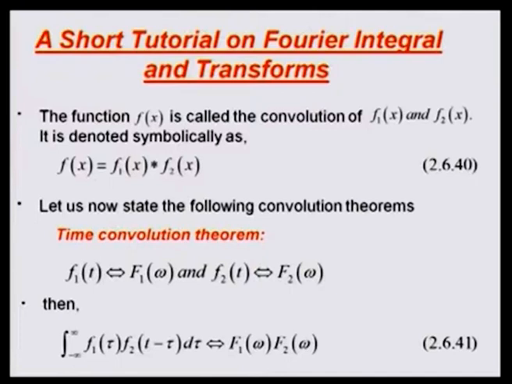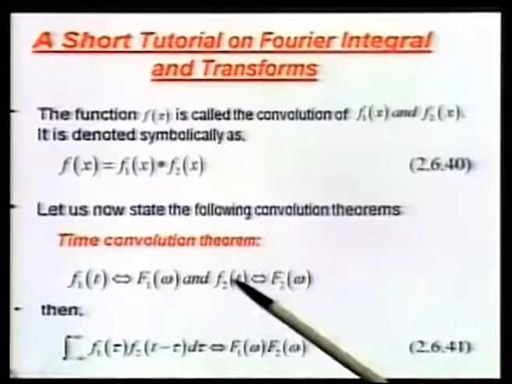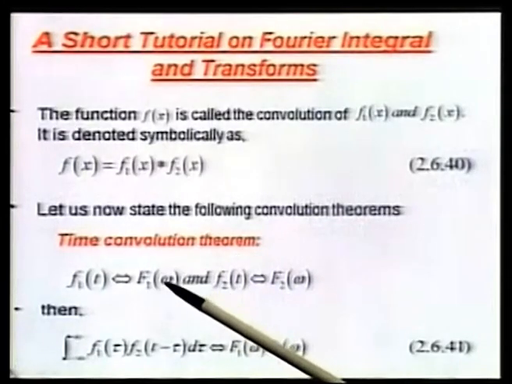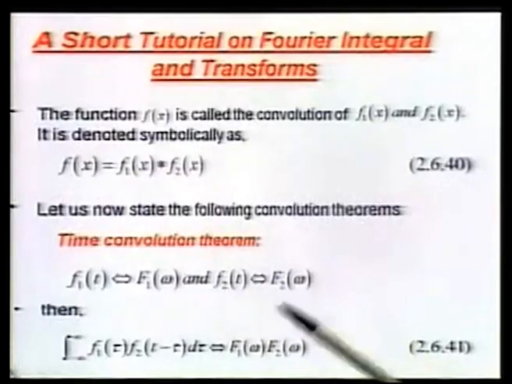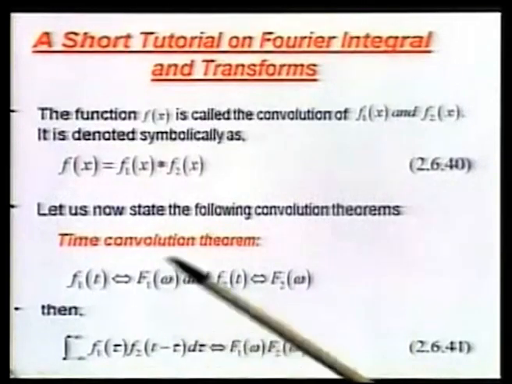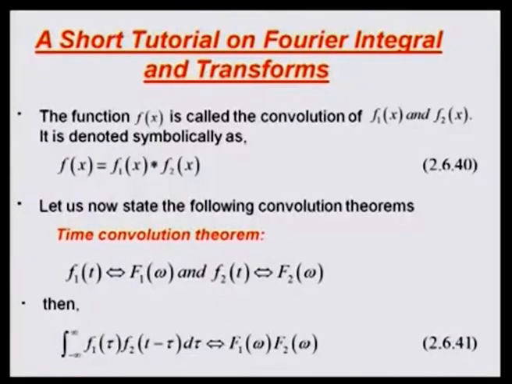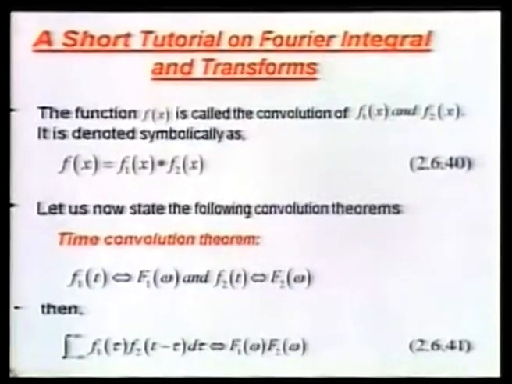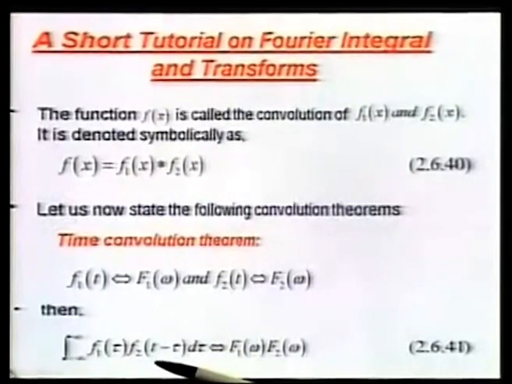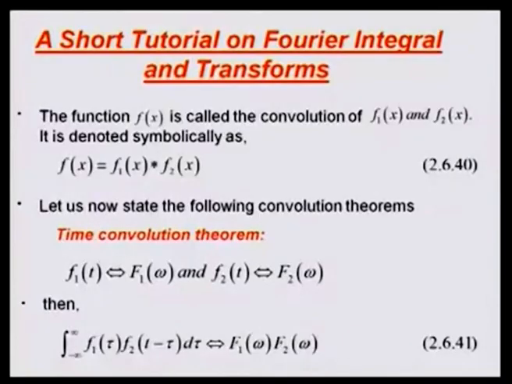Okay. Then we can talk about a convolution theorem. The convolution theorem states the following: if I have two functions f1 of t and f2 of t, and the corresponding transforms are F1 of omega and F2 of omega, then the transform of the convolution of f1 and f2 is simply nothing but the product of the transforms. That is why convolution plays such an important role: the convolution in the physical space is equal to the product of the transforms in the spectral space.